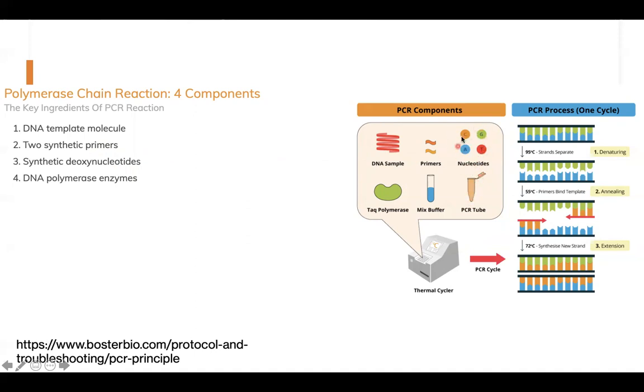Of course, itong nucleotides will be used by the DNA polymerase or Taq polymerase dun sa reaction. Okay? And of course, na-mention ko na, we have the Taq polymerase or the DNA polymerase enzyme. And of course, you have the mix buffer.